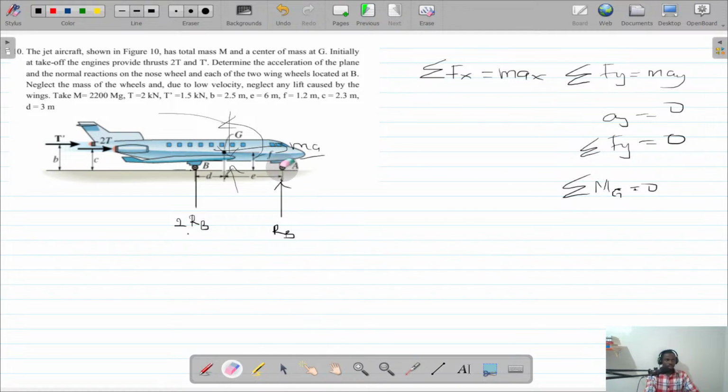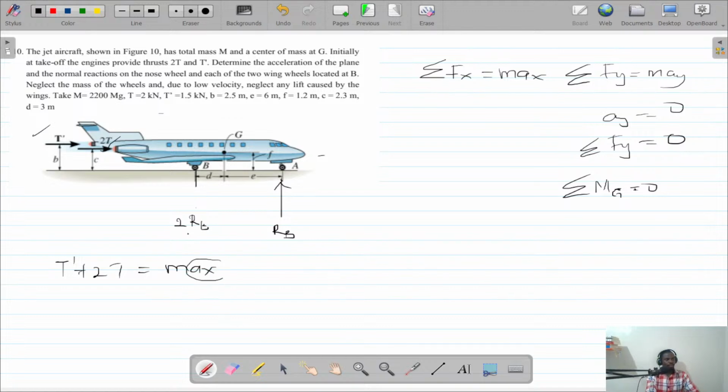All right, so let's deal with the x direction. The forces in the x direction are T prime and 2T. So T prime plus 2T should be equal to MAX.